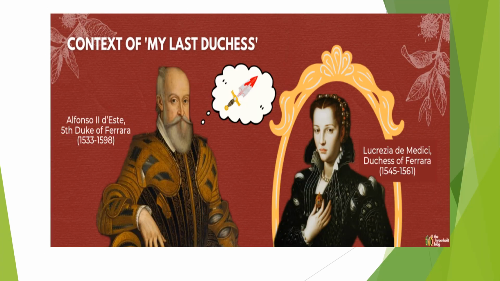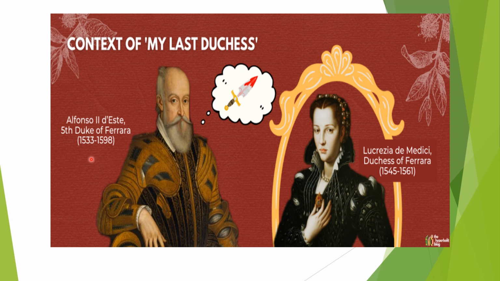Actually, they say this is a true story, students, which has happened. This Duke is none other than Alfonso II d'Este, fifth Duke of Ferrara in Italy, and he was there in the 16th century, 1533 to 1598.